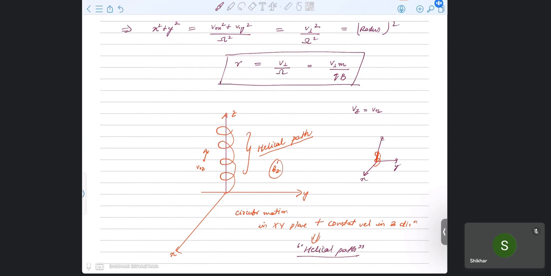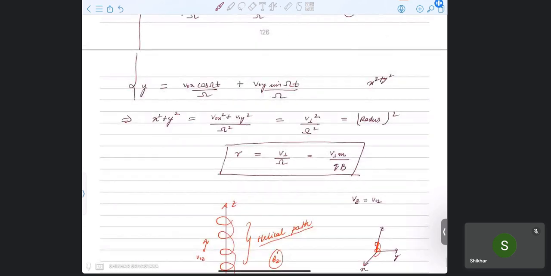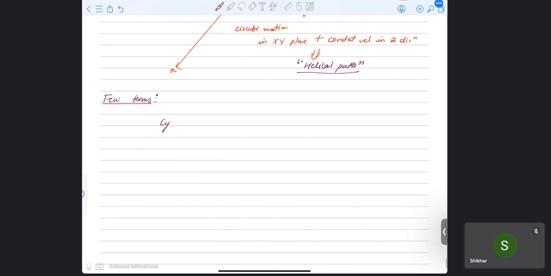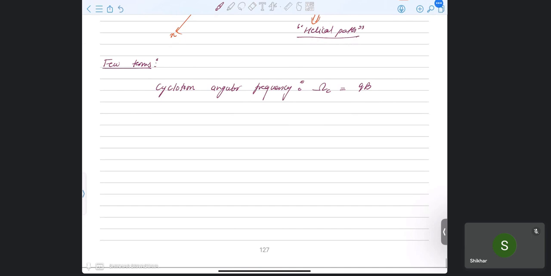Now a few things to remember for this helical path. Now a few terms. First term is the frequency with which the particle is moving, which is omega, called the cyclotron frequency. The angular frequency omega c is what? qB by m. Charge times magnetic field divided by m.